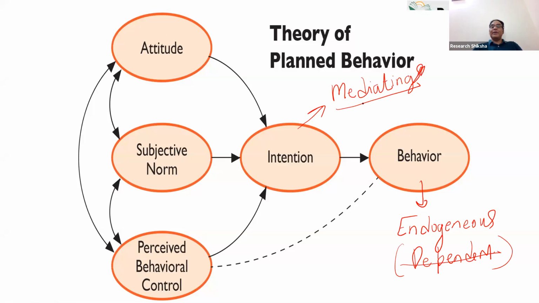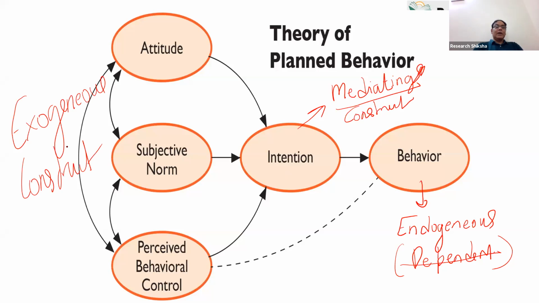So it is a mediating construct, and all these are constructs, and they are measured by some items. So intention to buy is a mediating construct, and these three are known as exogenous constructs. So this is the nomenclature of these different constructs: mediating construct, endogenous construct, and exogenous construct.